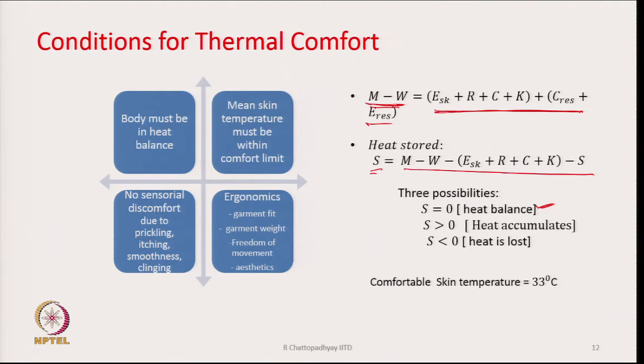When S is 0 or close to 0, it is perfectly heat balanced and the person will feel very comfortable. If S is greater than 0, then heat will gradually accumulate, and over a period of time the skin temperature is going to rise, the person will start sweating and the discomfort sensation will start.